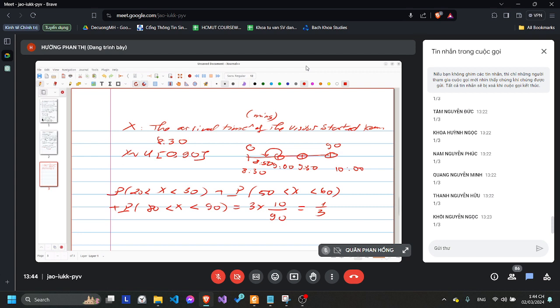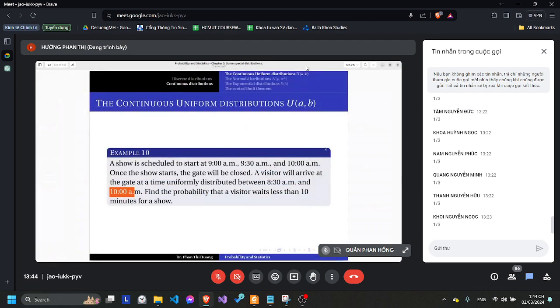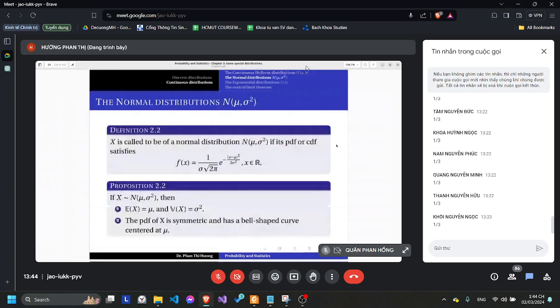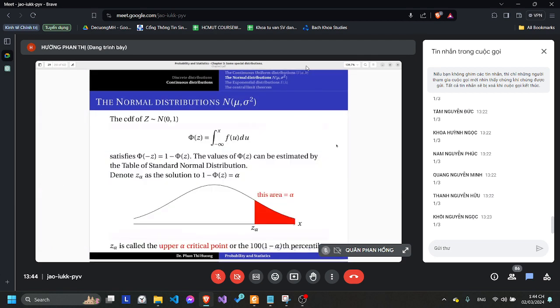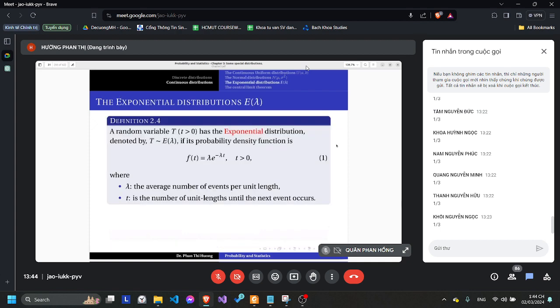Okay, let's return to the slides. Just one more distribution. The next continuous distribution we're going to learn together is the exponential distribution. Look at the definition.